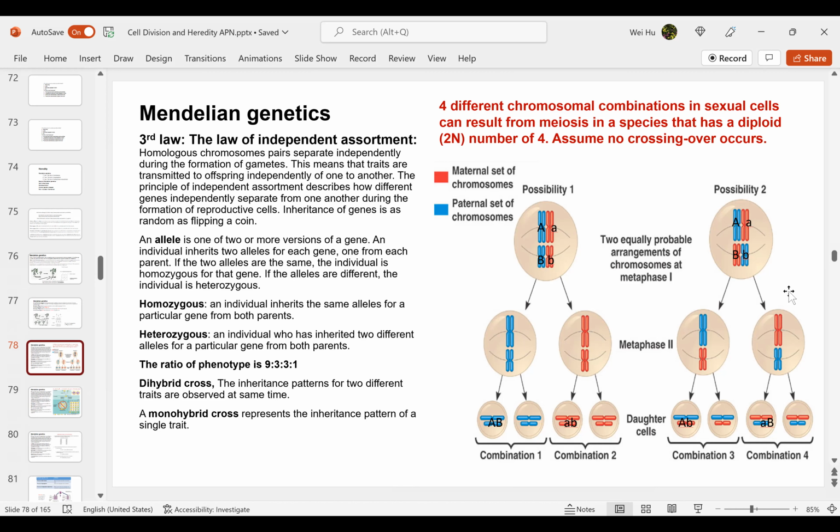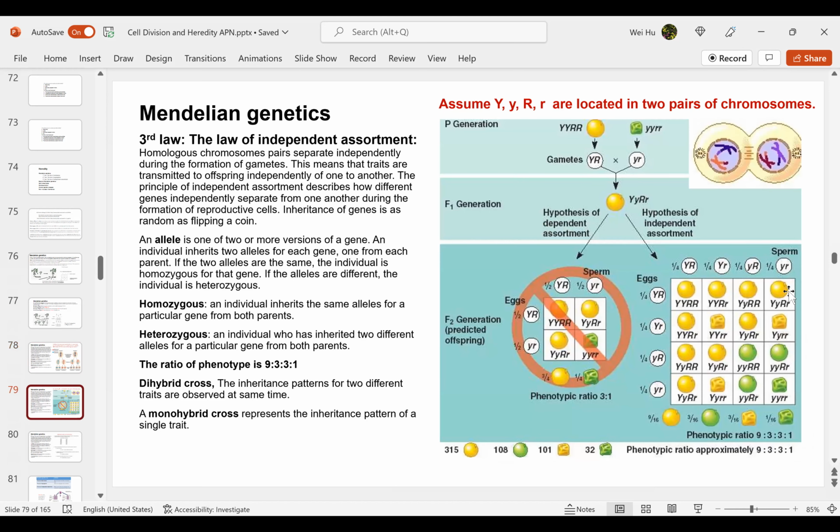No problem with this one. Okay, so now, look at this one. Let's say one germ cell is big Y, big R, another germ cell is big Y, small r, another germ cell is small y, big R, and the last one is small y, small r.